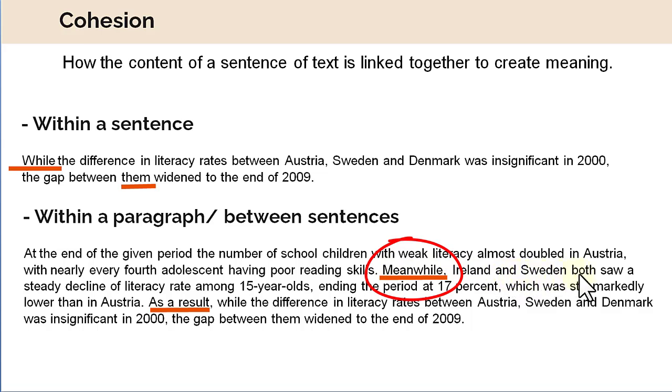Ireland and Sweden both saw a steady decline of literacy rate among 15-year-olds, ending the period at 17%, which was still markedly lower than in Austria. And we connect the next sentence: as a result, as a consequence, while the difference in literacy rates between Austria, Sweden, and Denmark was insignificant in 2000, the gap between them widened to the end of 2009.